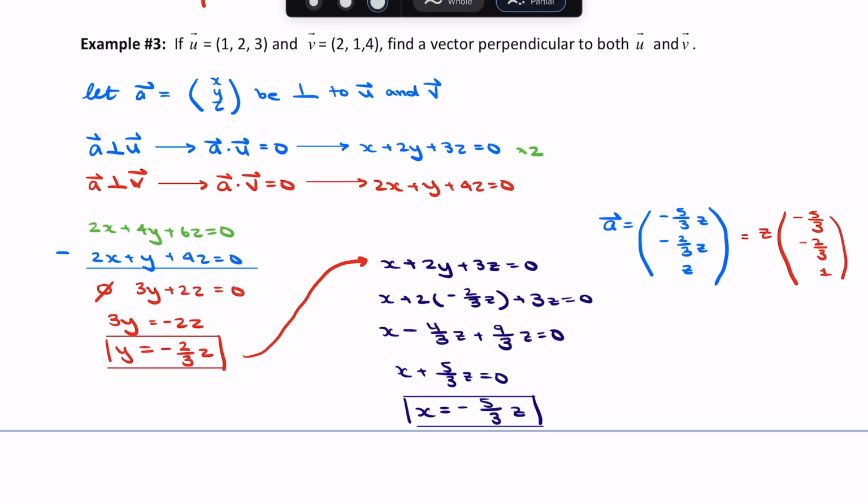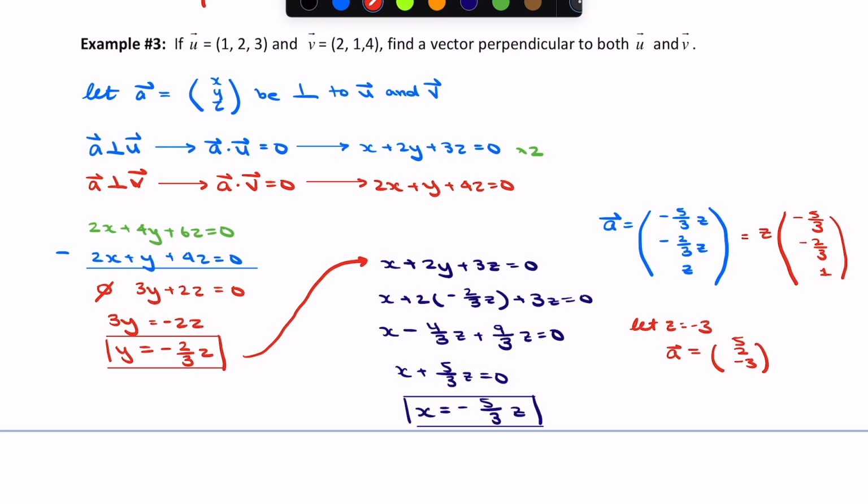Okay, so here we can see that, again, we can sub in a value such as negative 3. So here, if we let, say, z is equal to negative 3, we would get that vector A is equal to 5, 2, and negative 3.